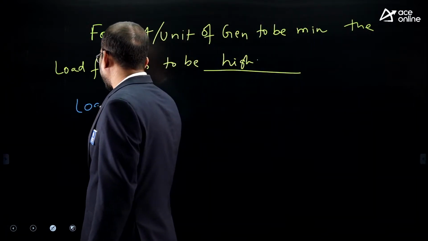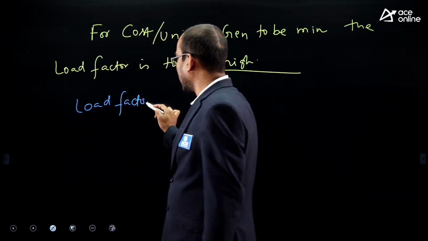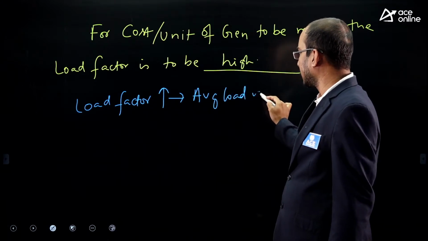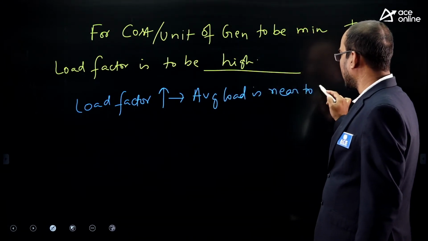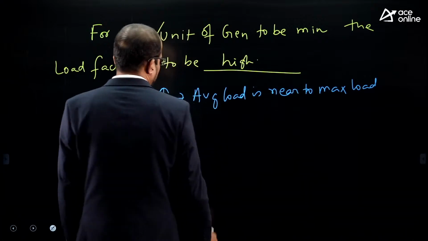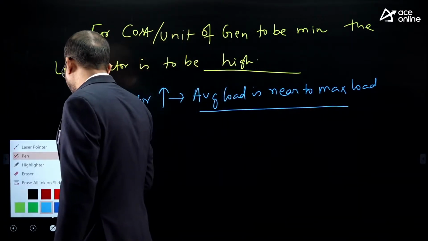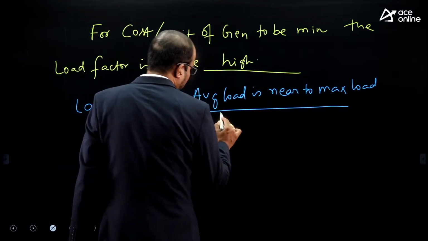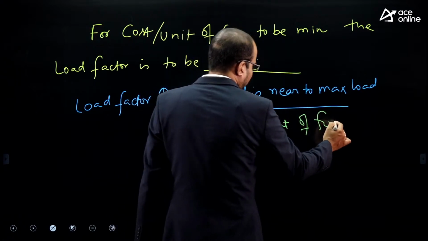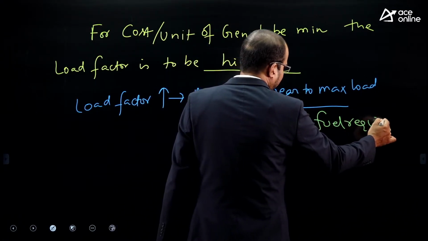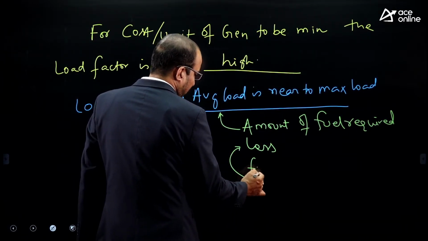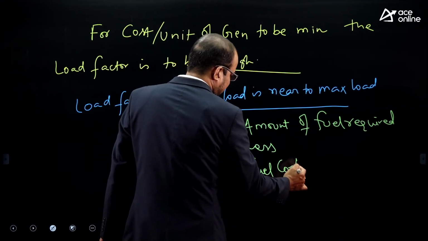If the load factor is high, it shows that average load is near to maximum load. If average load is nearer to maximum load, then the amount of fuel required is less, so fuel cost gets minimized.